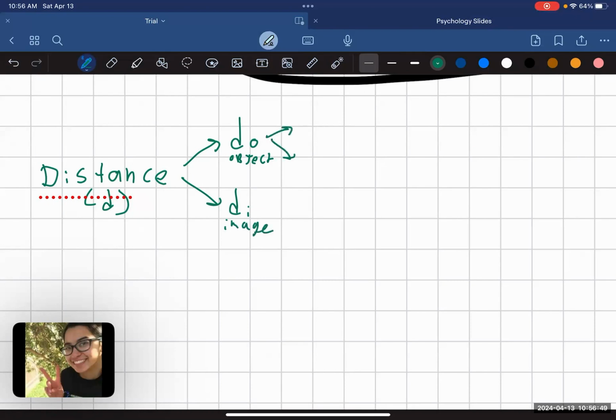And then from here, they can be either positive or negative. If you have a D object that's positive, that means that it's left of the mirror, or in front of.